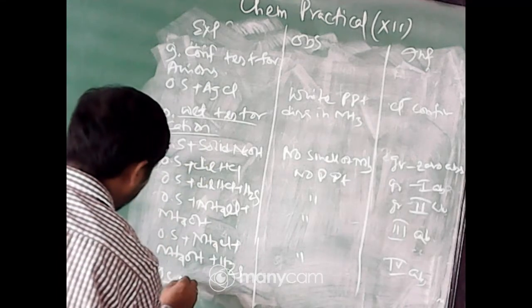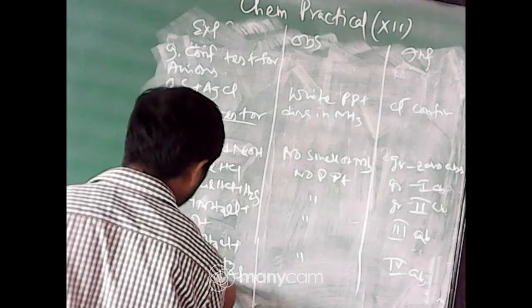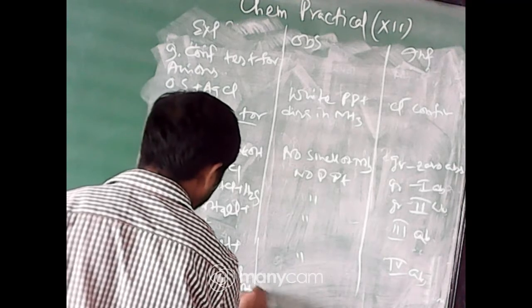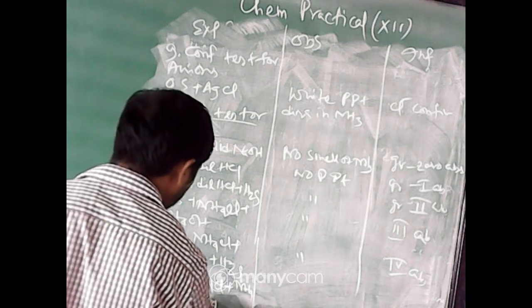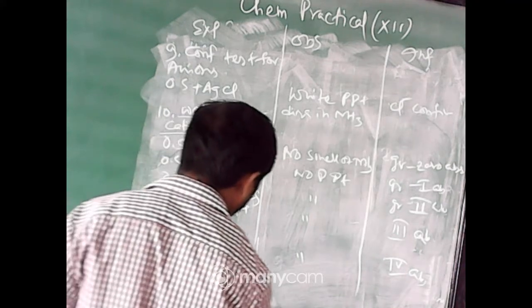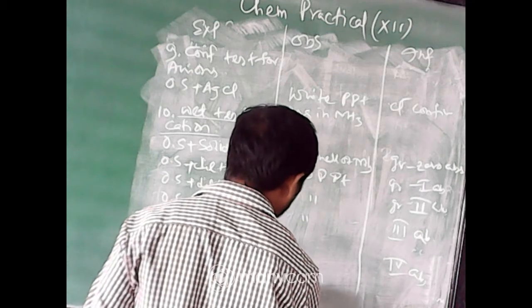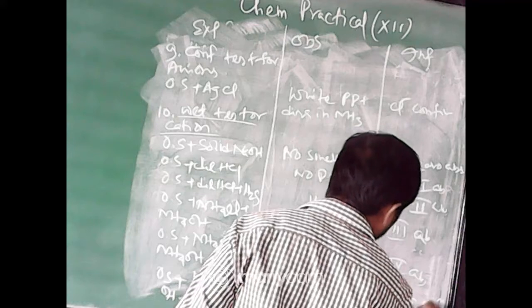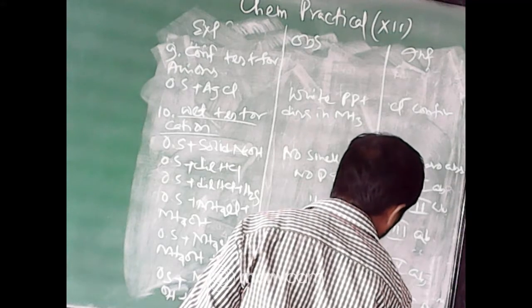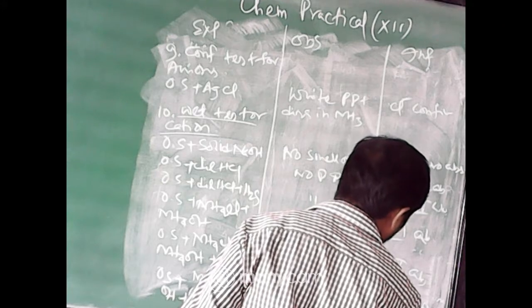Next, OS plus NH4Cl plus NH4OH plus (NH4)2CO3, ammonium carbonate, PPT comes, a white PPT. Group 5 present, that is, within brackets, calcium, barium, strontium.